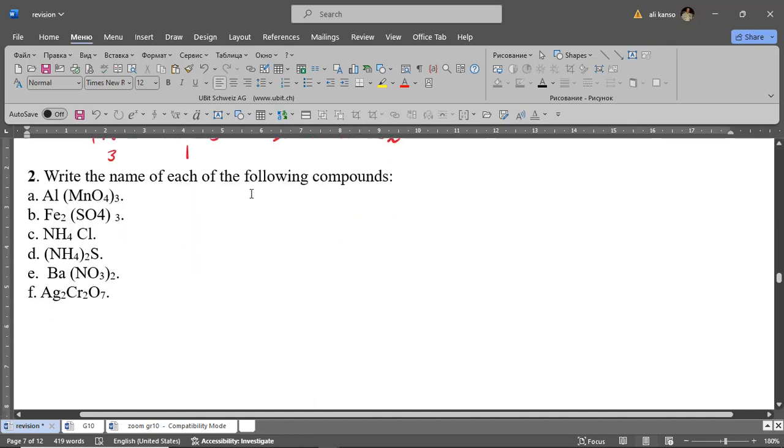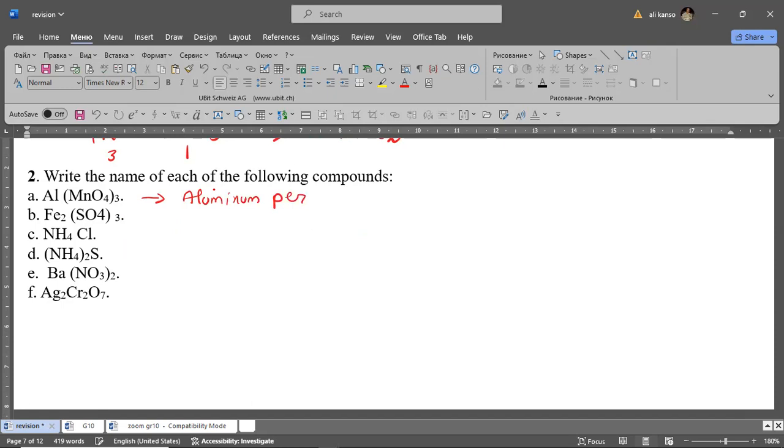This is the first exercise. Second exercise, we just have to write the name first. It is aluminum permanganate. The second one, how do I know what it is? I have iron.